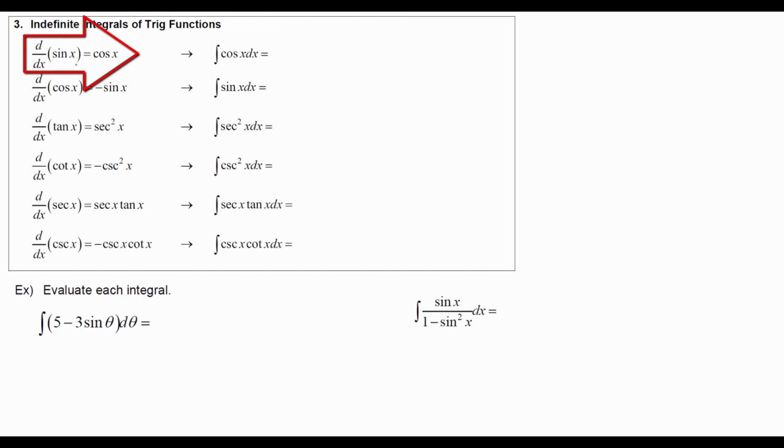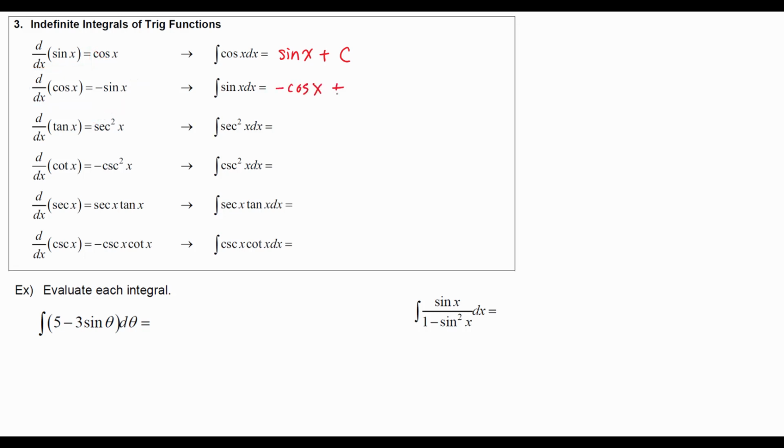Since the derivative of sine is cosine x, when you take the integral of cosine x, you get sine x, but you gotta add the constant c, because when you take the derivative of sine x plus any constant, you get cosine x.